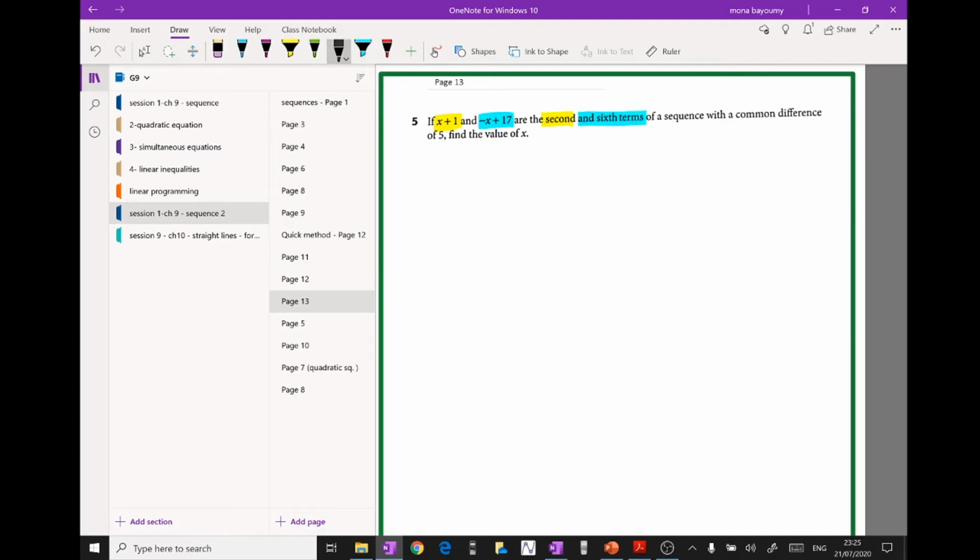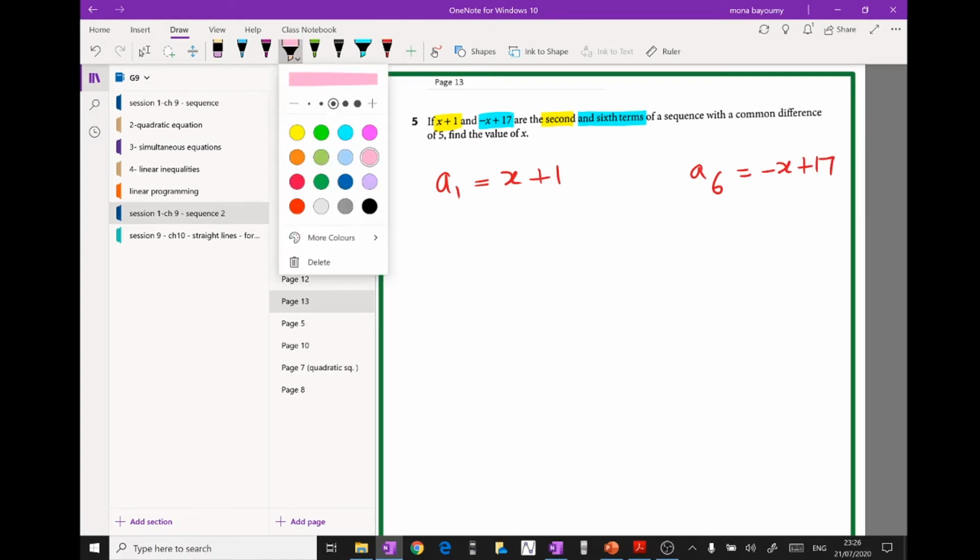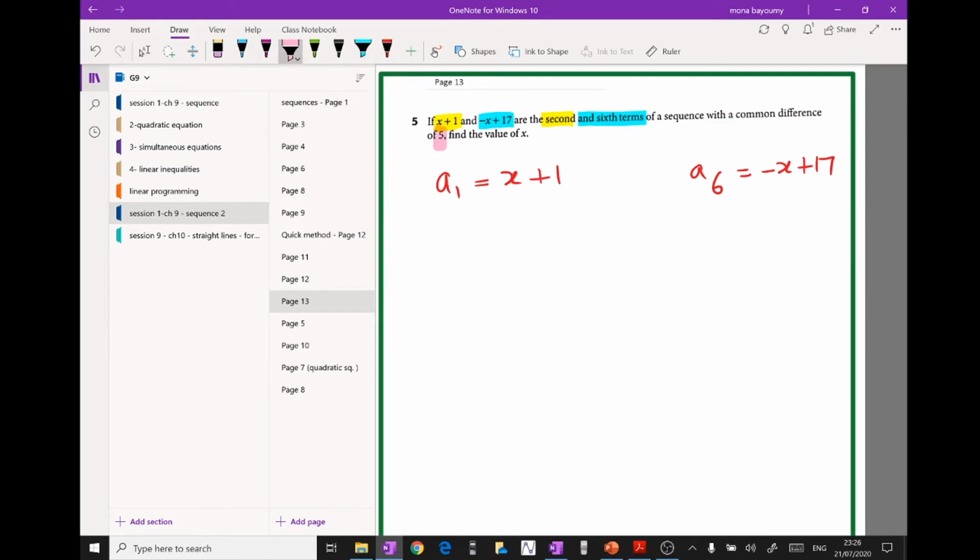How can we solve this question? A2 equals x plus 1. A6 equals negative x plus 17. To solve this question, look at the given information. He said to us that the common difference is 5.